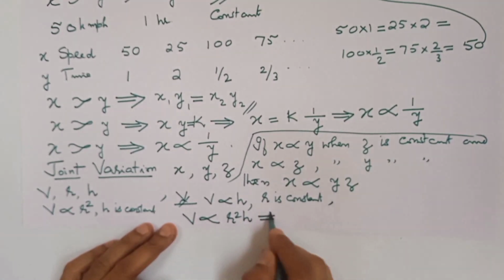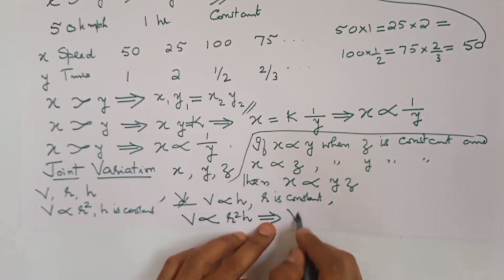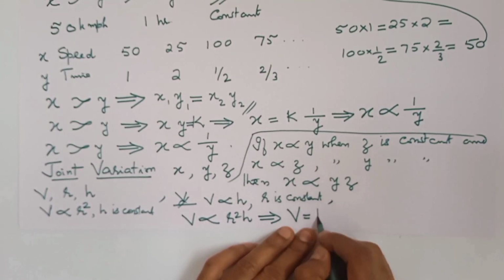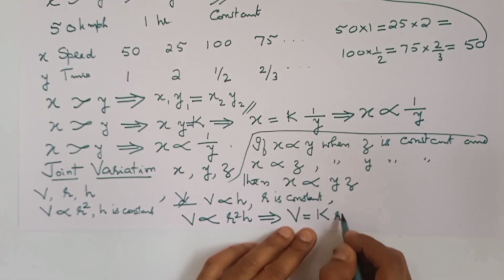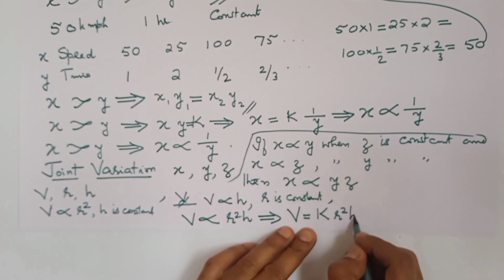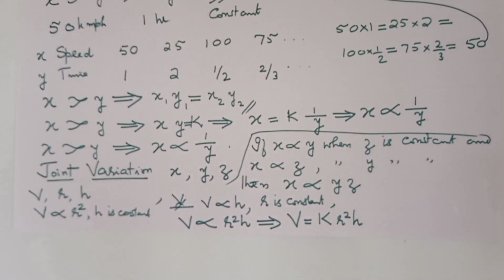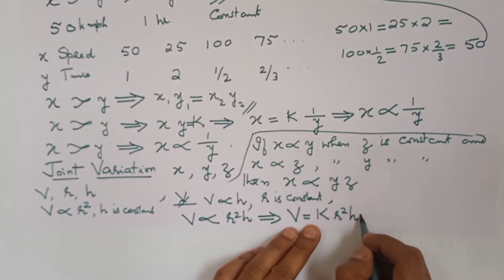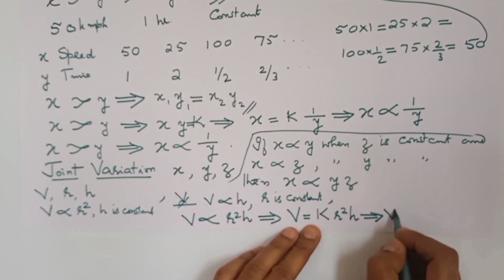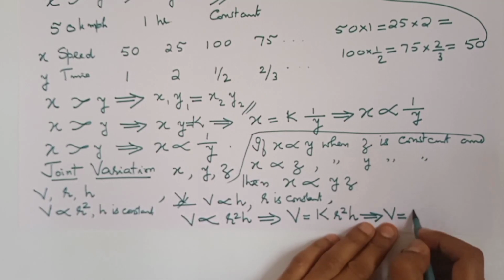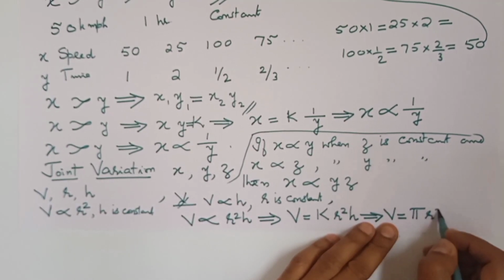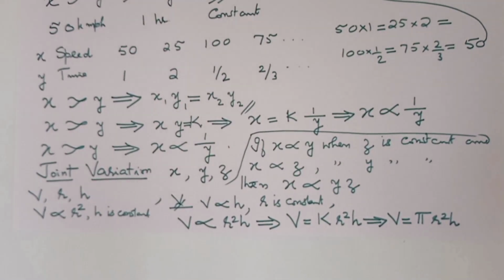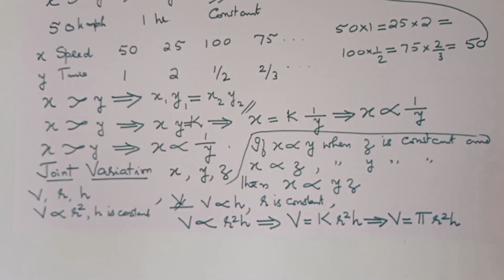And that implies V equals, this is the basic definition of direct variation, a constant, which is called the constant of proportionality, times R square H. So can you guess what the constant of proportionality is here? As you know, it turns out to be pi. Rather, this is the volume of a cylinder, pi r square h.